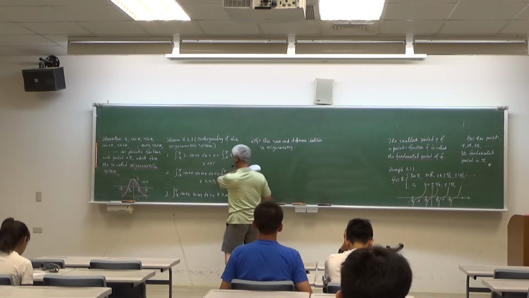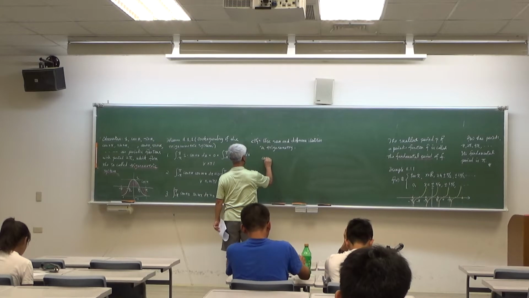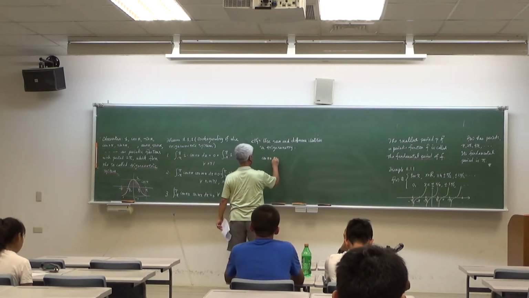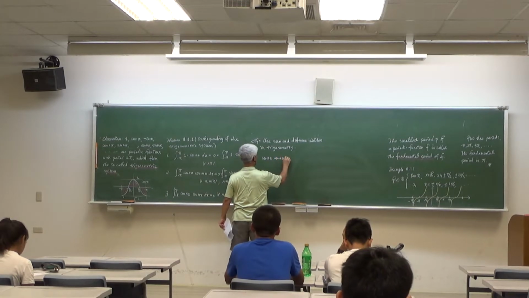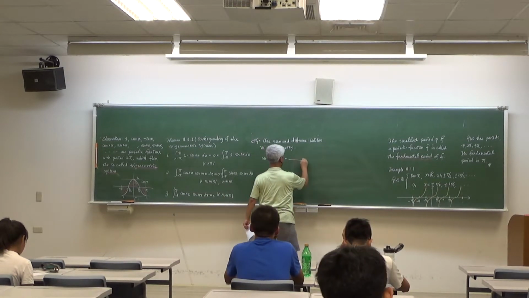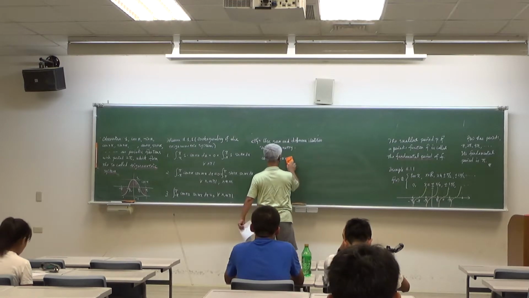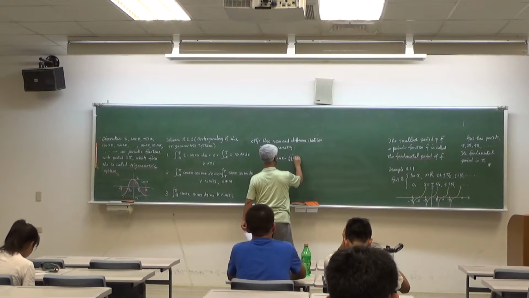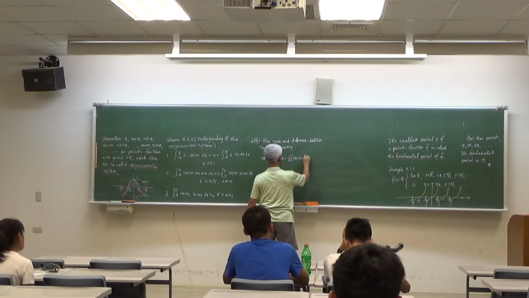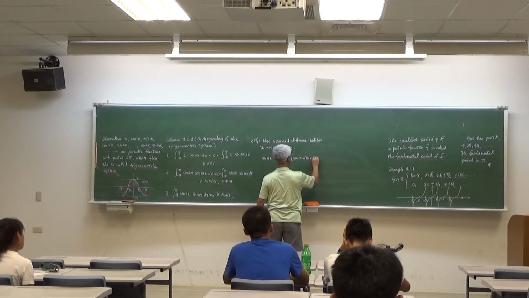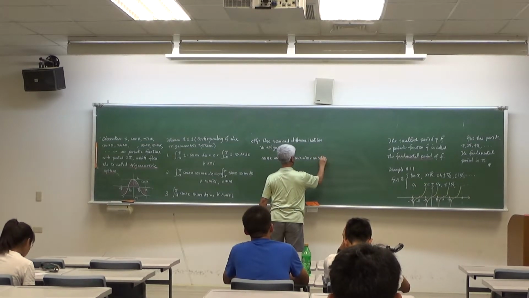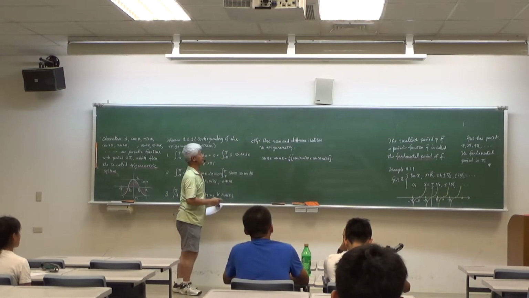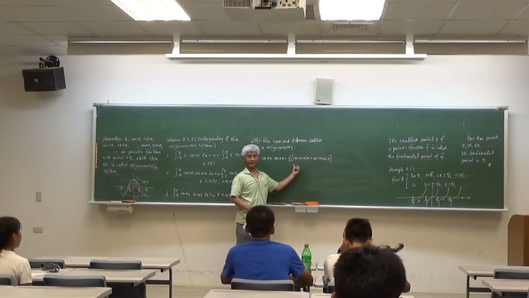We know that cosine nx cosine mx is actually equal to one half of cosine (n minus m)x plus cosine (n plus m)x. Okay, so this is called a sum identity, right?